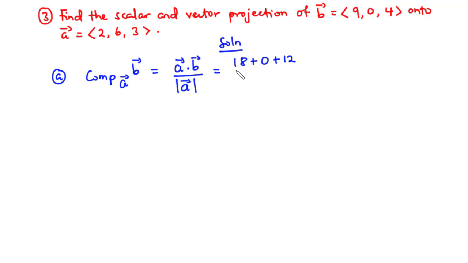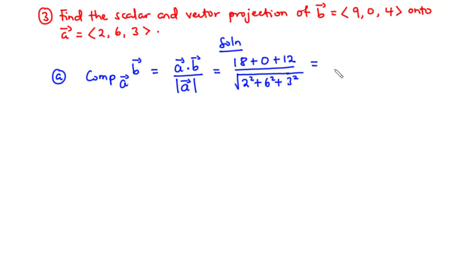We have this all divided by the magnitude of vector A, which is given by the square root of the square of the x component plus the square of the y component plus the square of the z component. So we have the components of vector A to be 2, so 2 squared, plus 6 squared, and then plus 3 squared.